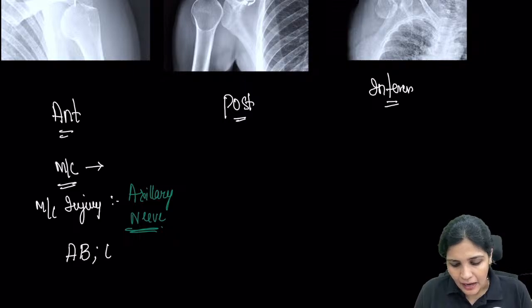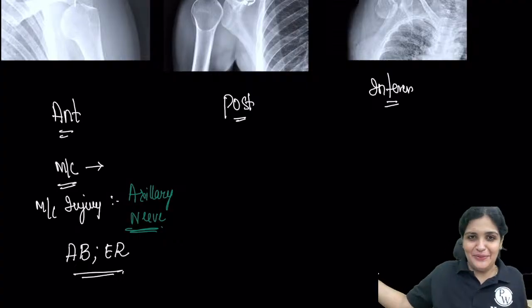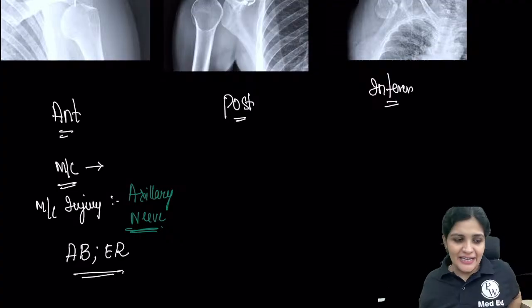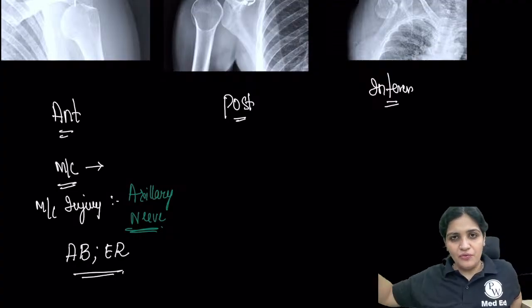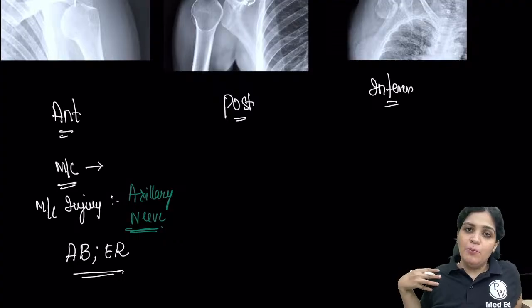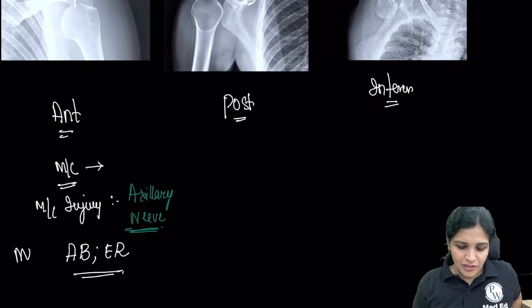Fall on an outstretched hand, that is for everything. But what happens here is they go for abduction and external rotation. So whenever they go for excessive abduction and external rotation, the ball which is present here will come out. So that is the mechanism of injury.